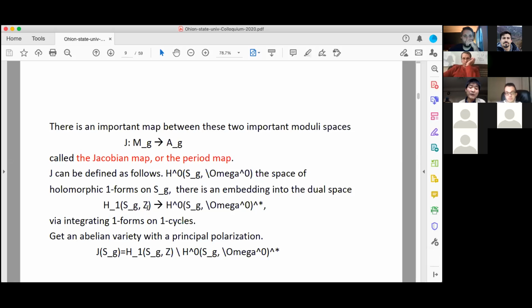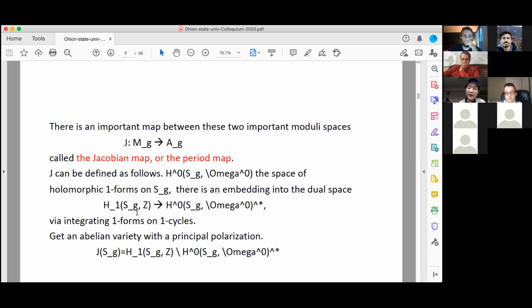So what's the map? Whenever I have a cycle, it defines a linear function on the holomorphic forms by integration. Given a cycle and a holomorphic form, the value is given by the integral of the one form over the cycle.